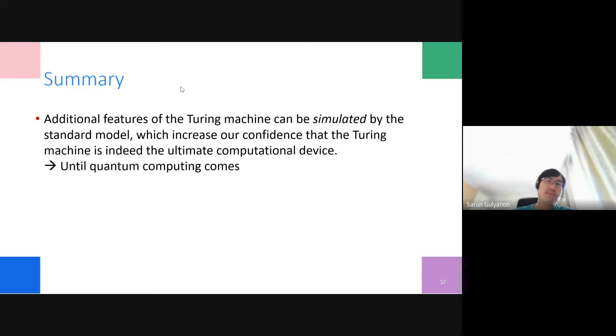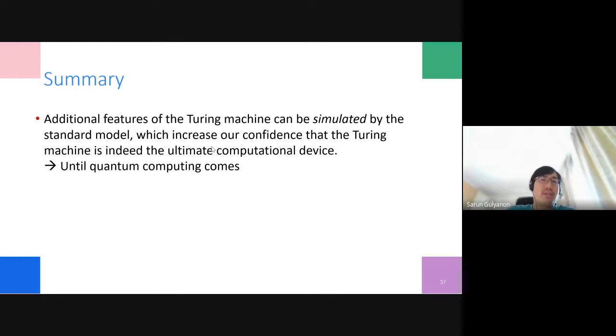And because of that, it led us to believe that maybe the Turing machine is the ultimate computational model that can describe the computer, the device.